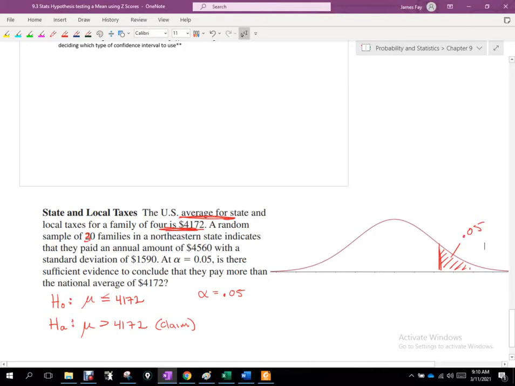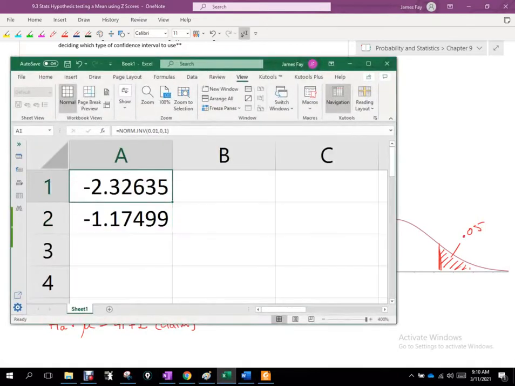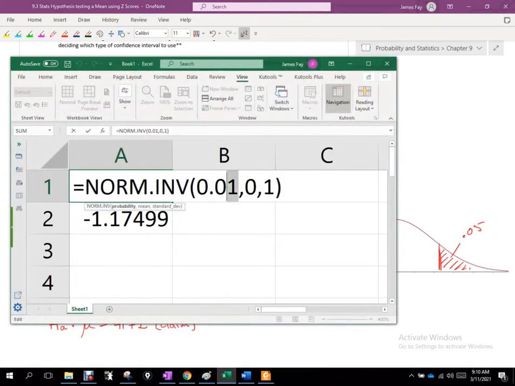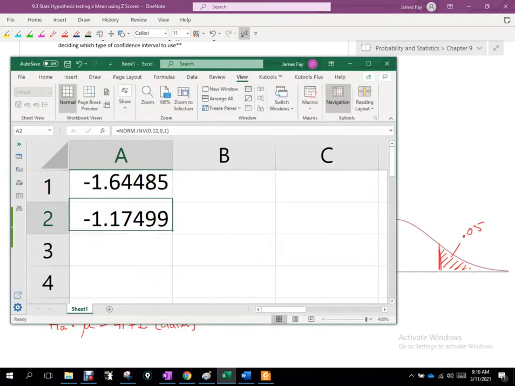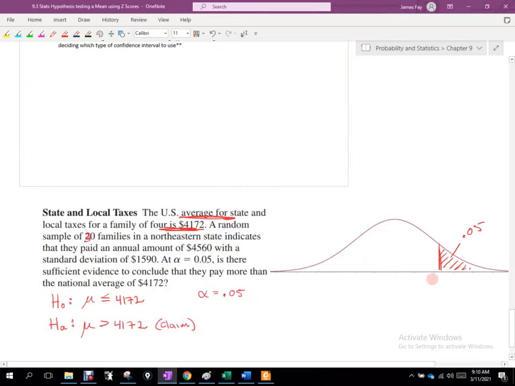That's my alpha. So when alpha is 0.05, that gives me negative 1.64, but it's to the right here, so it's actually positive 1.64. That's that z-score. Okay, now we have everything set up the way we need.